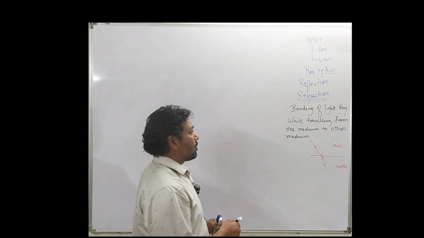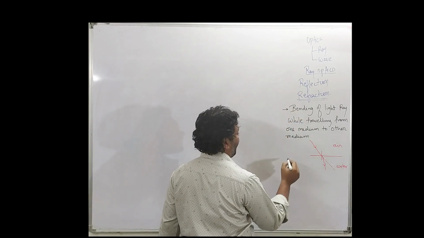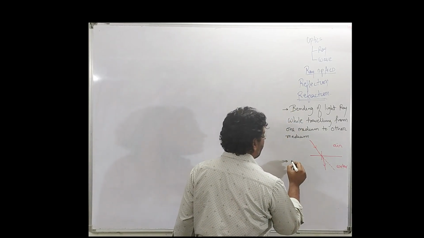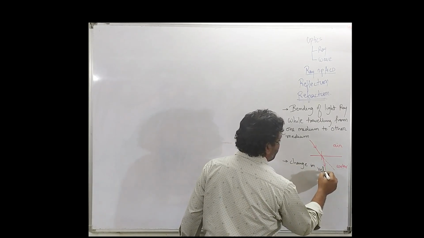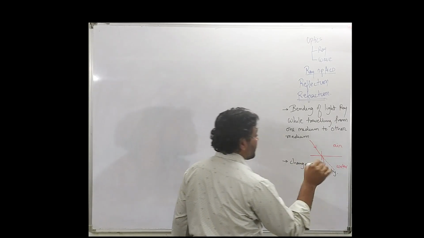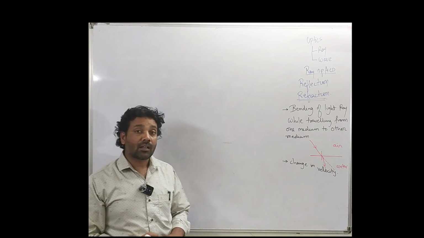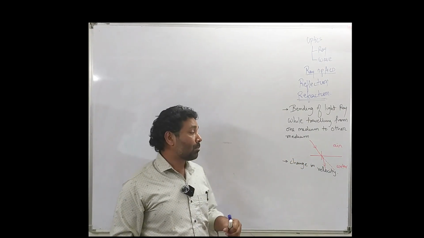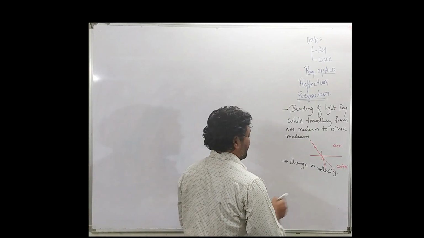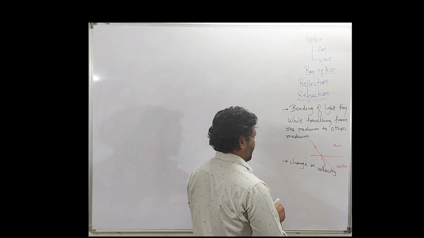One of the most important causes of why the light ray bends is the change in velocity. Whenever the medium changes, velocity changes, and change in velocity is the main reason why the light suffers such a change in its path.